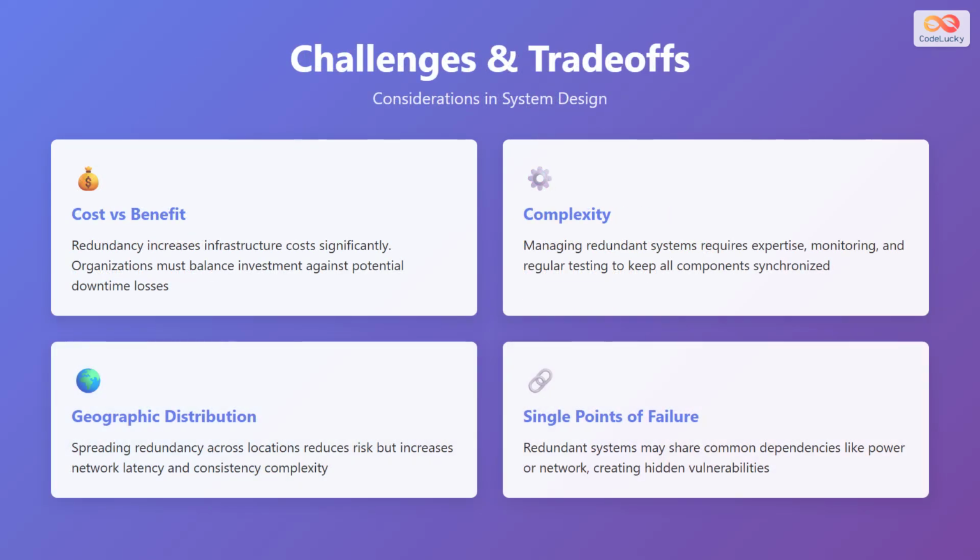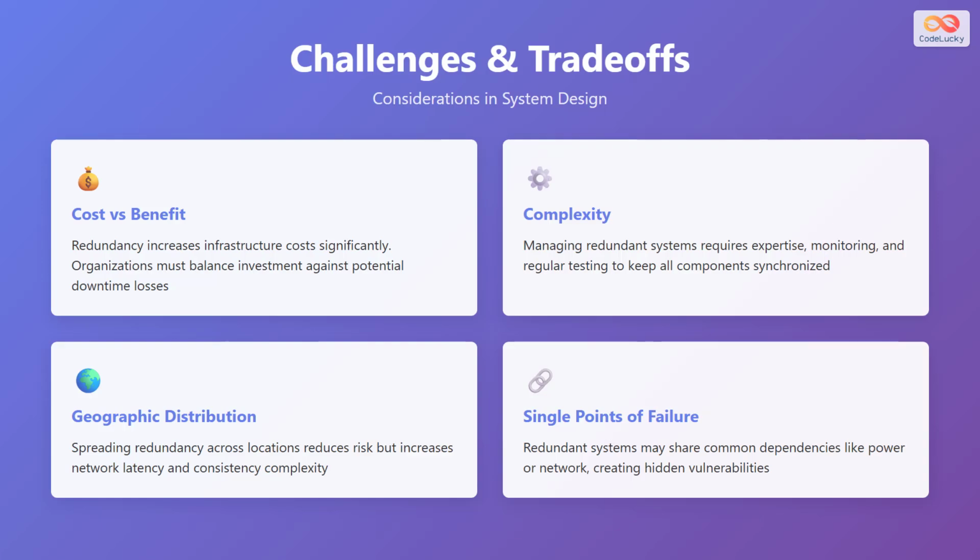While redundancy provides many benefits, it also comes with challenges. First, cost versus benefit. Redundancy significantly increases infrastructure costs, so organizations must carefully calculate whether the investment is worth the reduction in potential downtime losses. Second, complexity. Managing redundant systems requires expertise, continuous monitoring, and regular testing to keep all components synchronized.